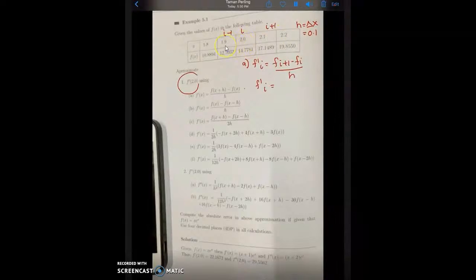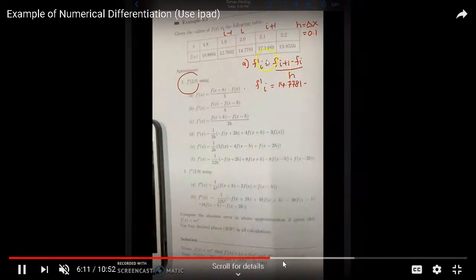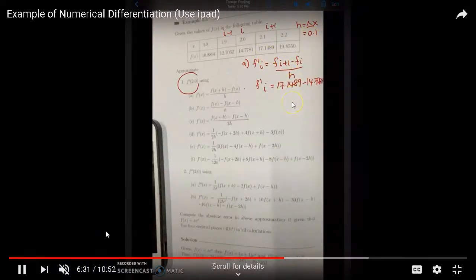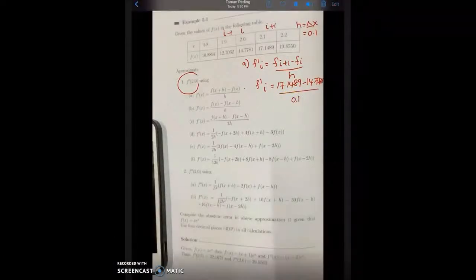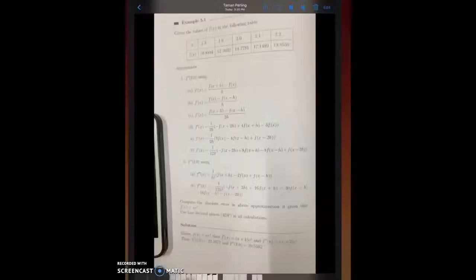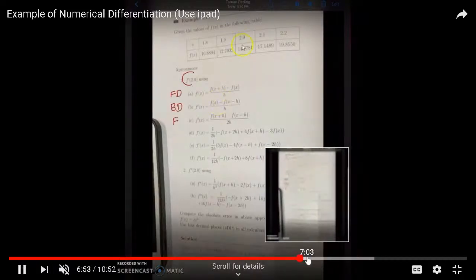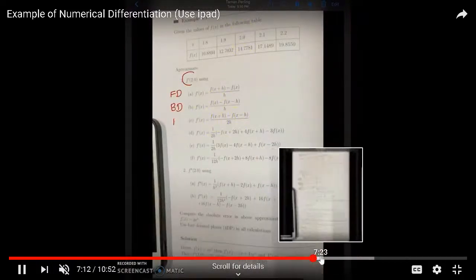We write the answer here so you can get the value. The gradient for x equal to 2.0 is equal to the difference of the y values divided by 0.1. Come on, press your calculator: f(x plus 1) is f(2.1). How much do you get?